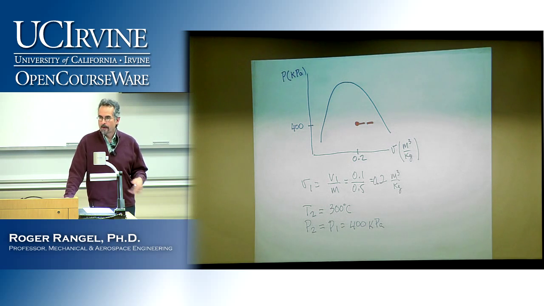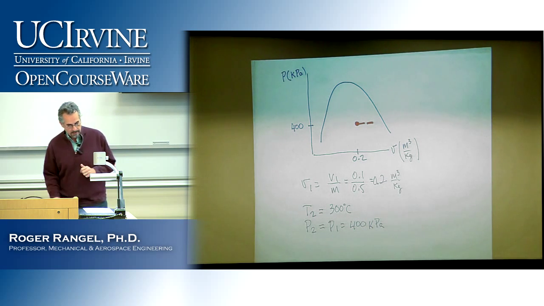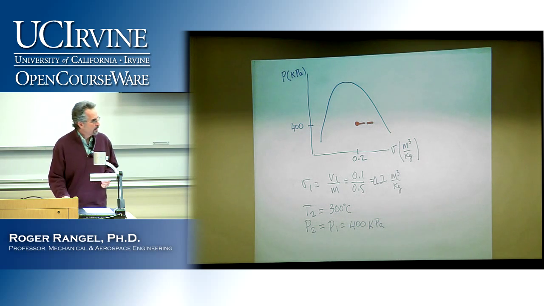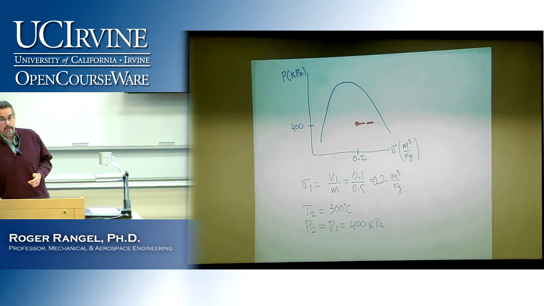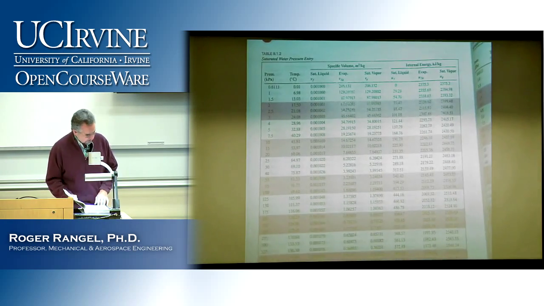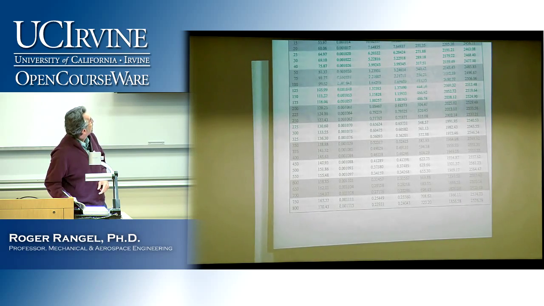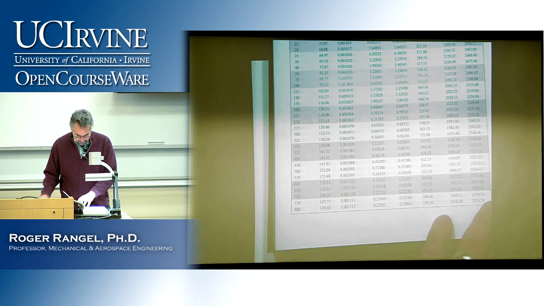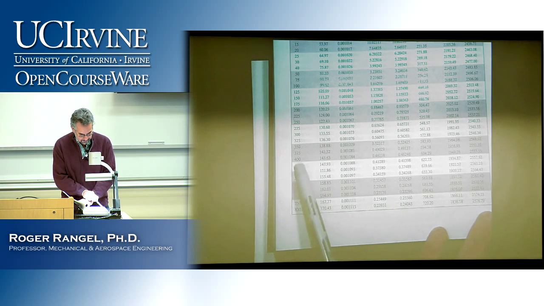Once you've done enough problems, you can get an idea of whether a certain pressure and temperature for water is inside or outside the dome. But how else, if I don't have enough experience yet? Okay. You can go to the very same table. So if you go to the very same table that we were just looking at and take a look at one more item, and what is that other item?